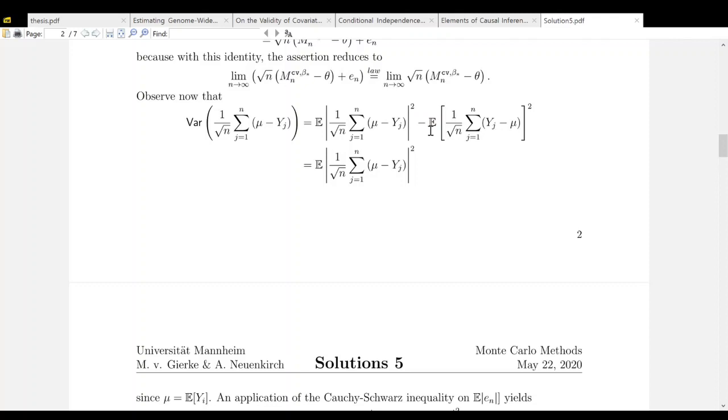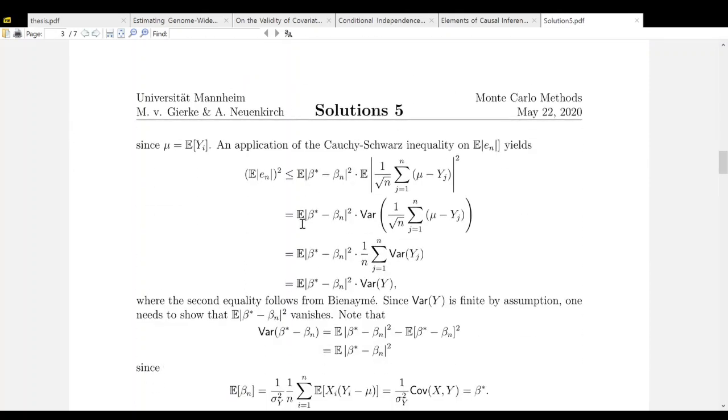And so the squared first moment just vanishes because it's just mu minus mu summed up quite a few times, but yeah, you just sum over 0. So this part vanishes, which only leaves us with the second moment. Yeah, so this identity is true. This is the reason why this equality holds.